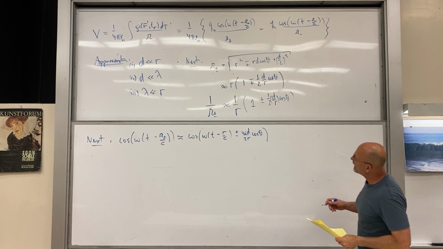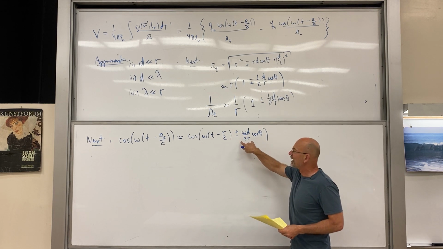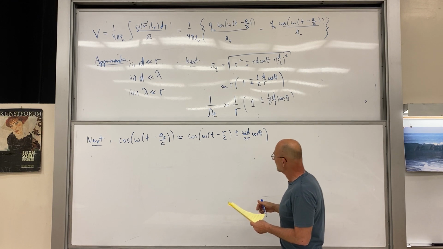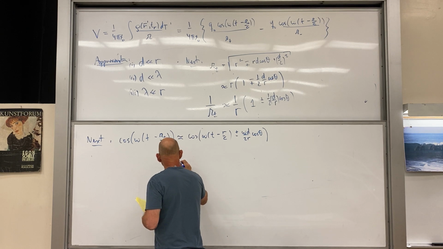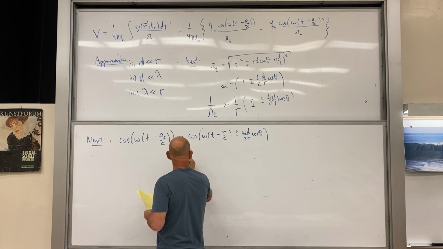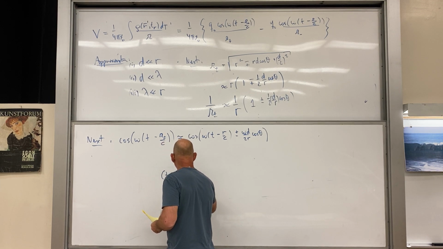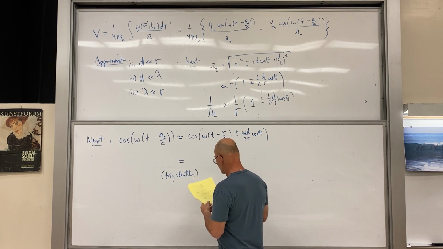So now we have trig identities for the cosine of a plus or minus b, and we're going to make use of that. And I'll just write here, trig identity, and continue this line right here.